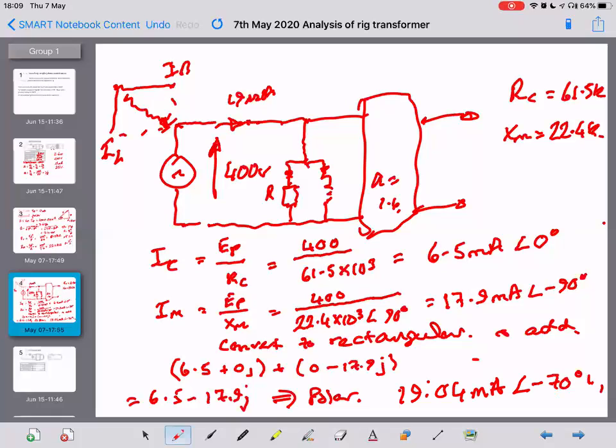So when we measured it, we didn't measure the angle. But because they have an angle, you can't add those two quantities together in terms of Kirchhoff's current law without taking into account the angles. Because if we add two magnitudes, 17.9 and 6.5, we definitely don't get 19.04 milliamps.